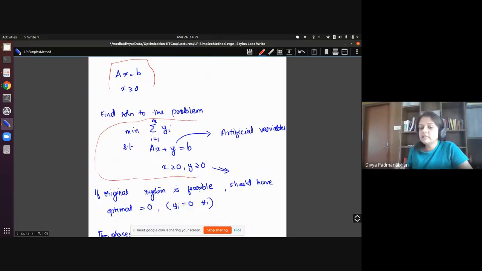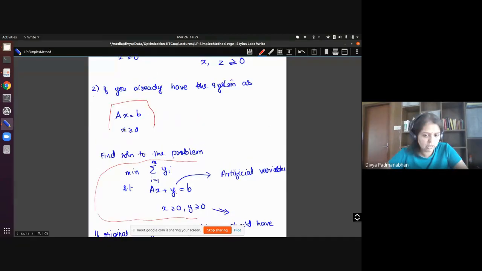If you apply simplex on this, you already have a way to start the simplex method, because this system will have an identity, and at the end you're going to get some basic feasible solution which is optimal here. If the y's are all 0, then that will be a basic feasible solution for the original problem.